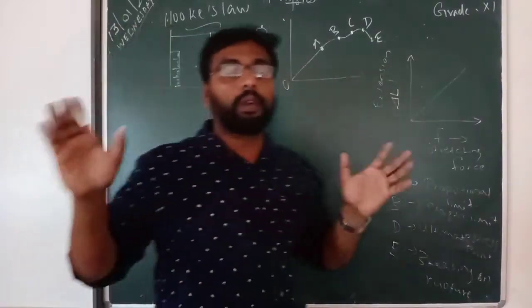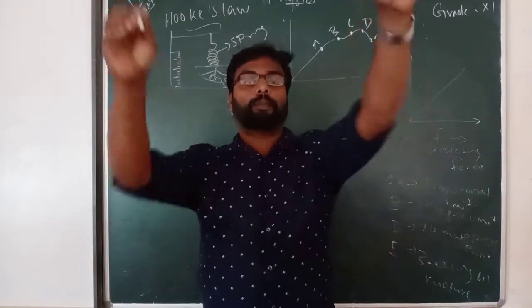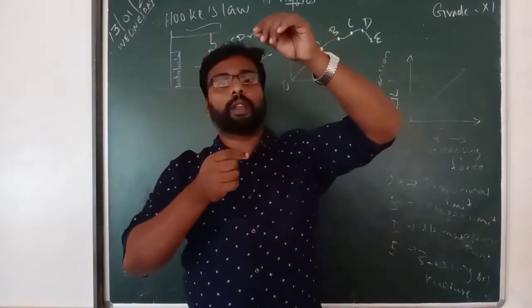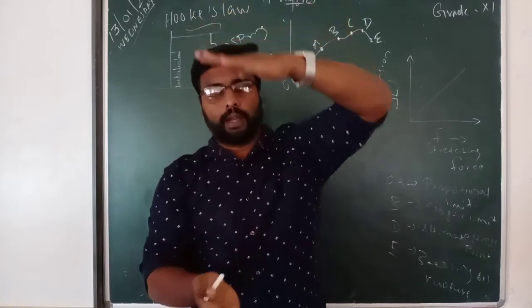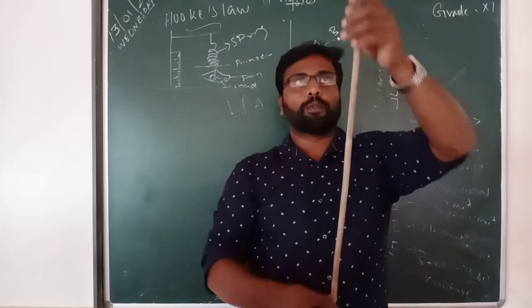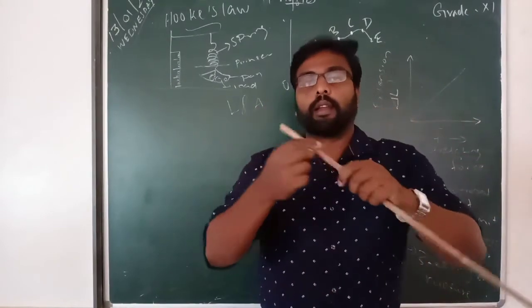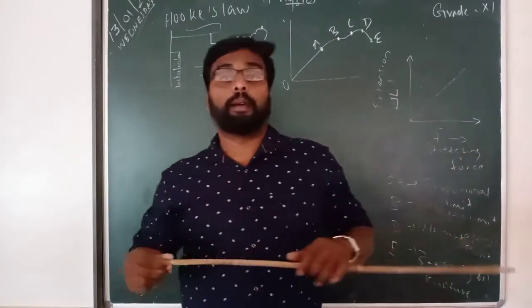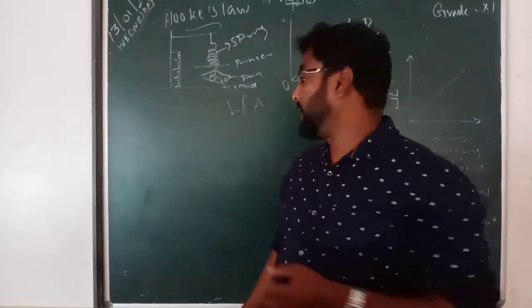If you are taking a string of length L, this much string we are taking. Suppose I am taking this much length, it has the same area. This much part, same area. That is what uniform cross-sectional area means.